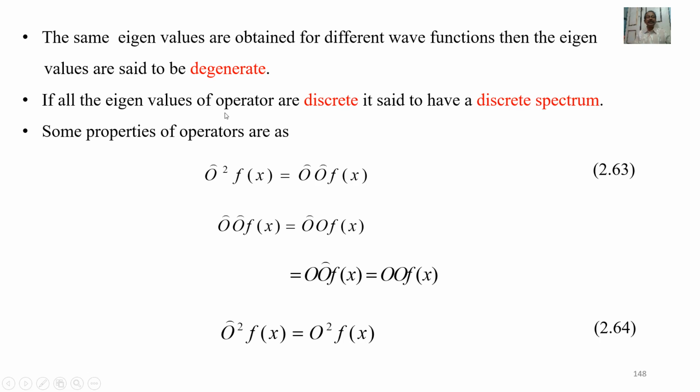If each wave function has its own eigenvalue, we call this non-degenerate. If there are many wave functions with a single eigenvalue, we call this degenerate. If all the eigenvalues of an operator are discrete, it is said to have a discrete spectrum.